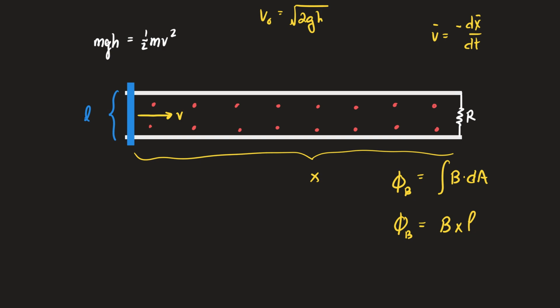If you're trying to write yourself notes, that's what I'm trying to get at. Again, this integral will only matter if there's some dependence between location and the magnetic field. Otherwise, B times A, and be done with it.